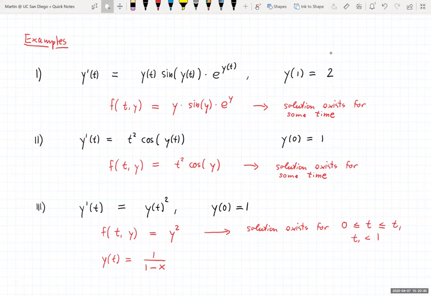Again, we can easily see that this function is continuous in t and in y. And the Peano existence theorem now tells us that this differential equation with those initial values, y at t0 equal to y0, has a solution for some time after 0. So the function y is defined at 0 and for some time after 0.